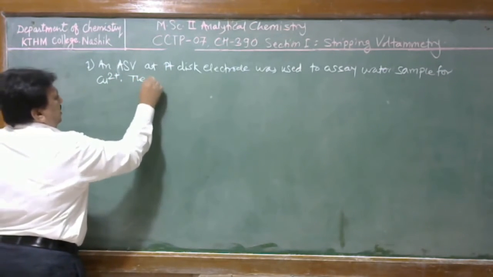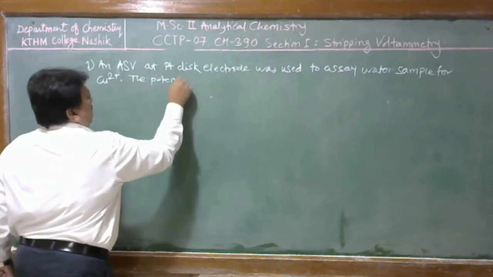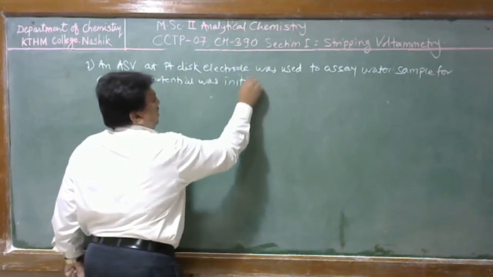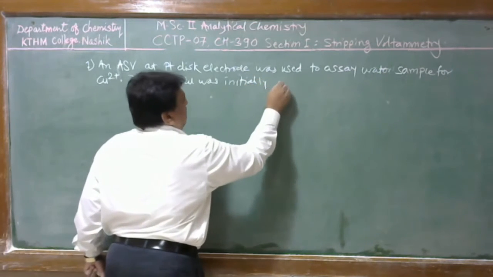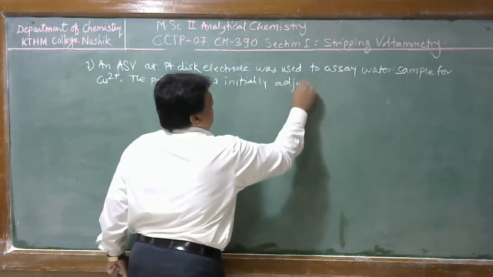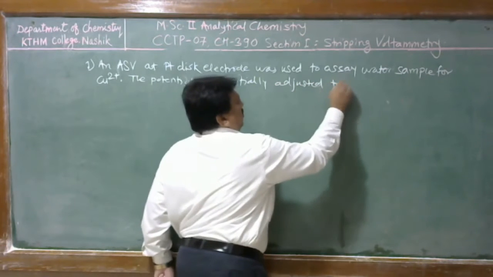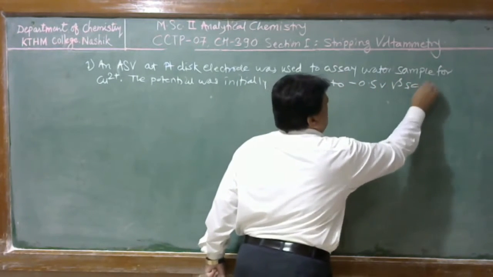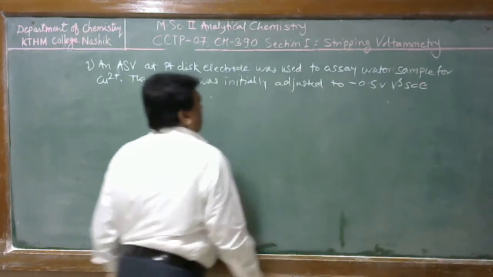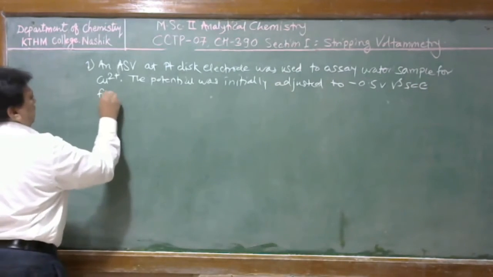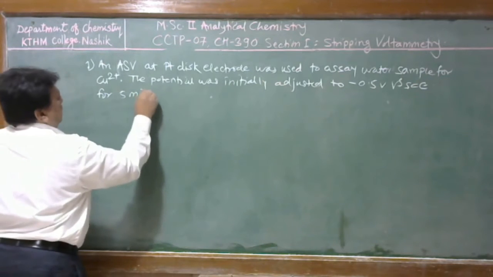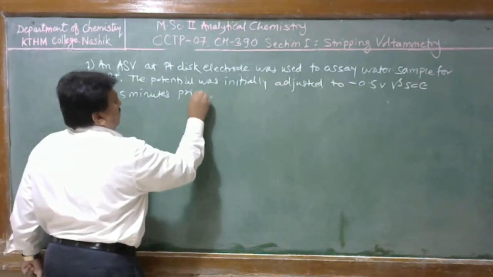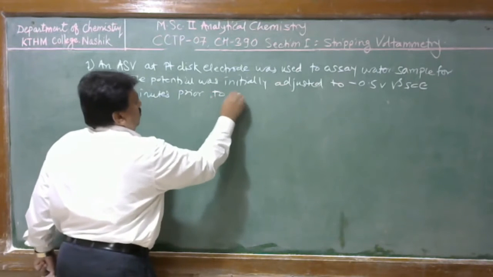The potential was initially adjusted to minus 0.5 volt versus saturated calomel electrode for 5 minutes prior to scanning.